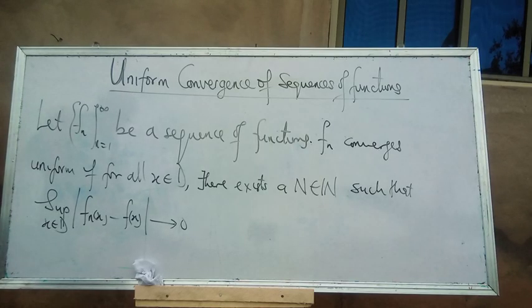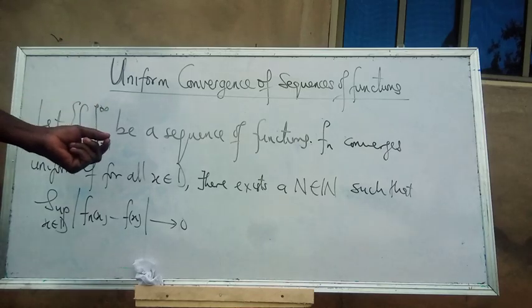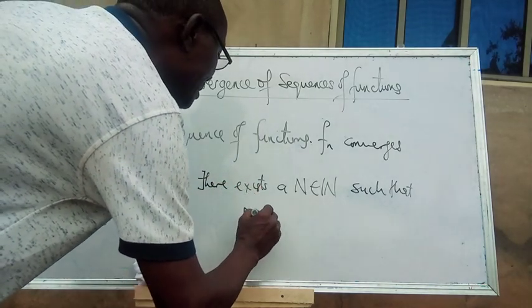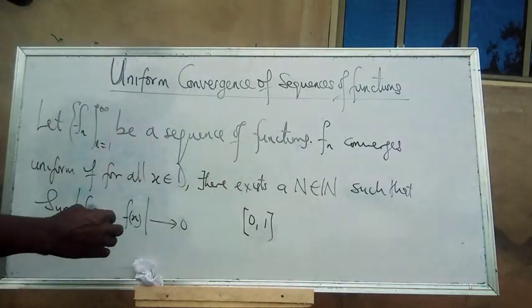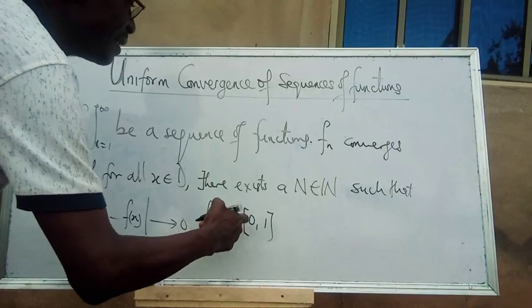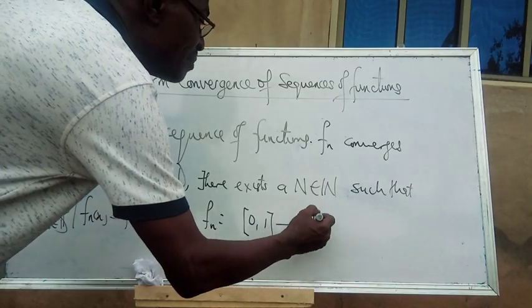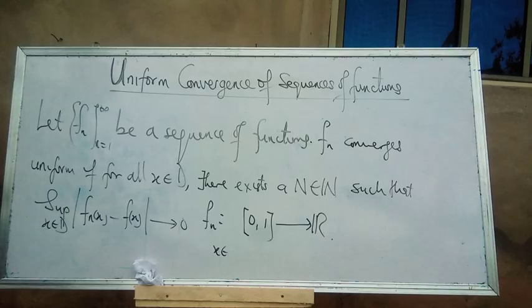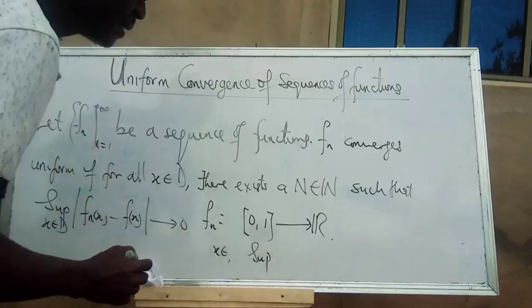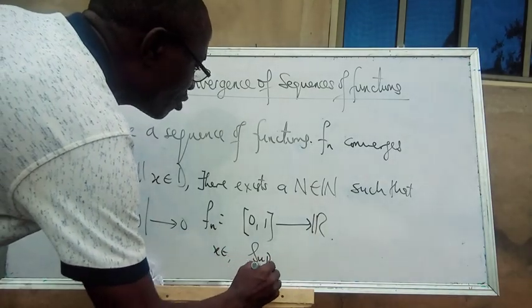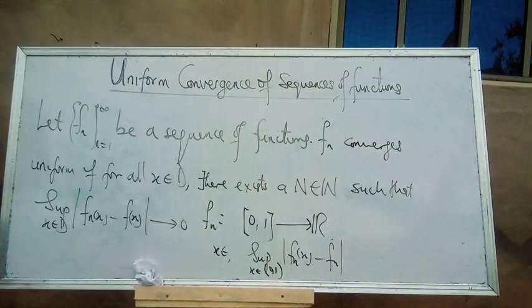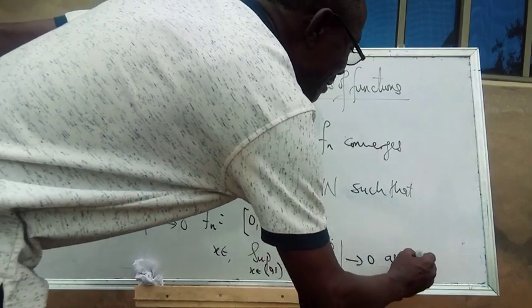And what we simply mean by this is, if we pick a point x in the domain of the definition, suppose the domain is a closed interval 0, 1, and we have fn taking the interval 0, 1 to the set of real numbers, then the supremum, that is the maximum value over x in that domain, of the absolute value of fn of x minus f of x must tend to 0 as n tends to infinity.